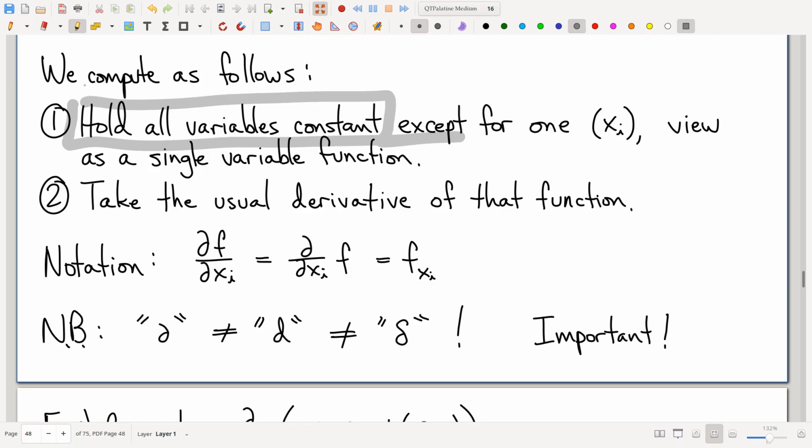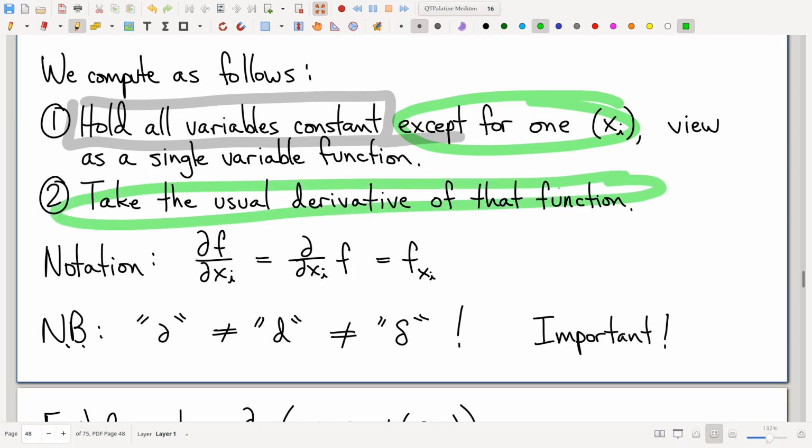Anyway, but we're going to do it. We're going to hold all the variables constant except for one. And now, this function that I had that had multiple variables, well, not anymore. Now I've got a function that has a single variable. I have, in fact, now a regular, good old-fashioned Calc 1 single variable function. And you can just take the regular old derivative of that resulting single variable function. That's what a partial derivative is.